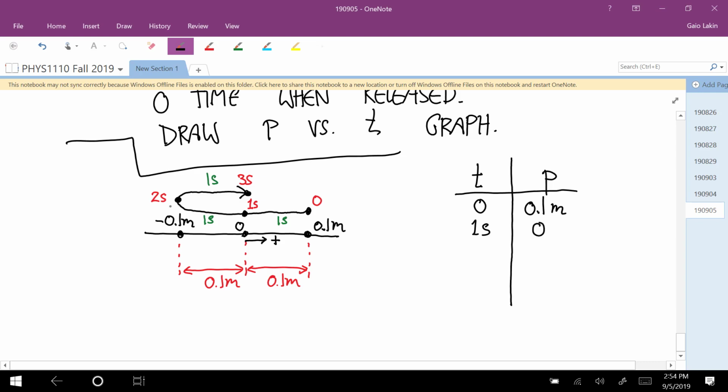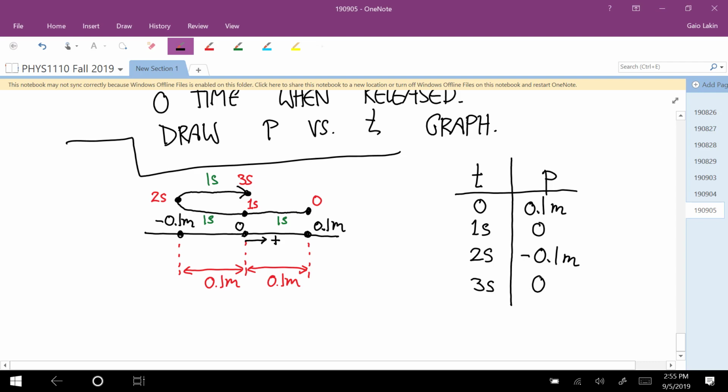At the third instant, the time is 2 seconds, and the position is negative 0.1 meters. And at the fourth instant, the time is 3 seconds, and the position is 0.